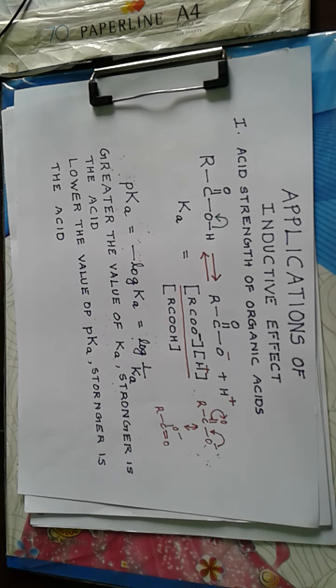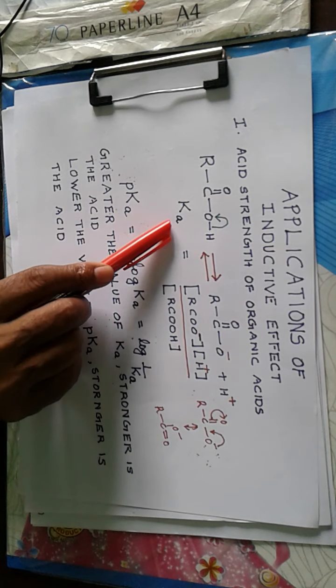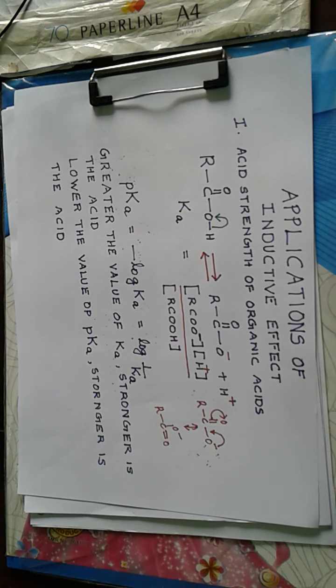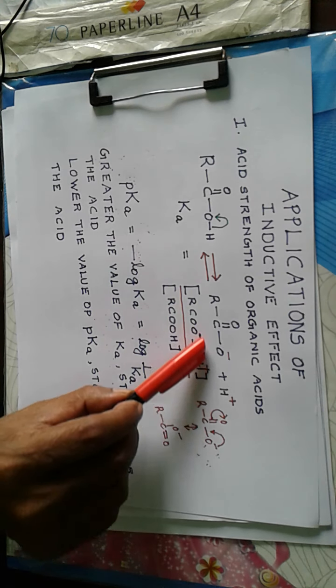Now the equilibrium constant for this reversible reaction is called the ionization constant Ka, and here small a indicates acid. So Ka represents the acid ionization constant. Now as the value of Ka increases, we can say the numerator increases.